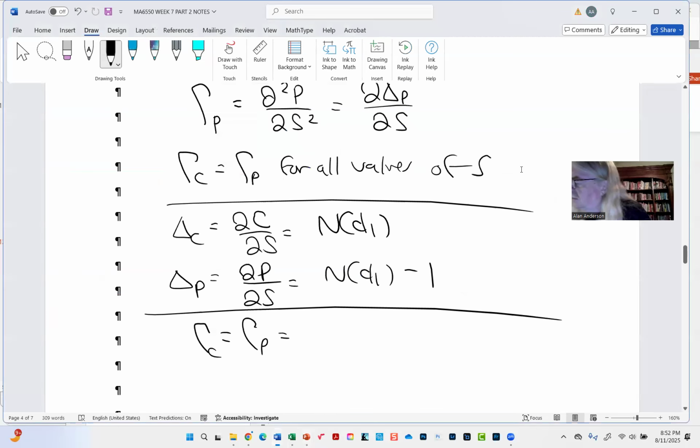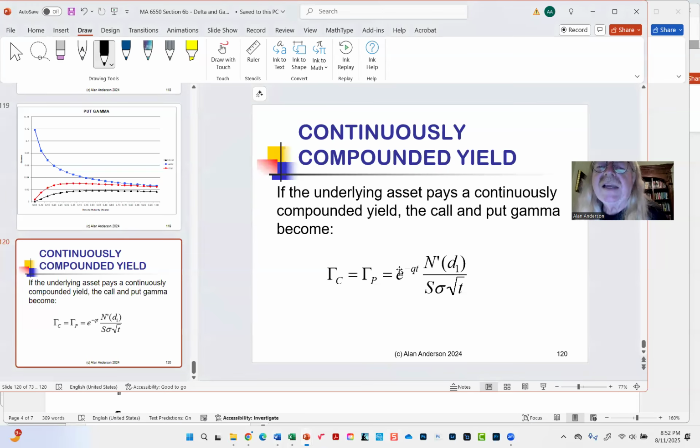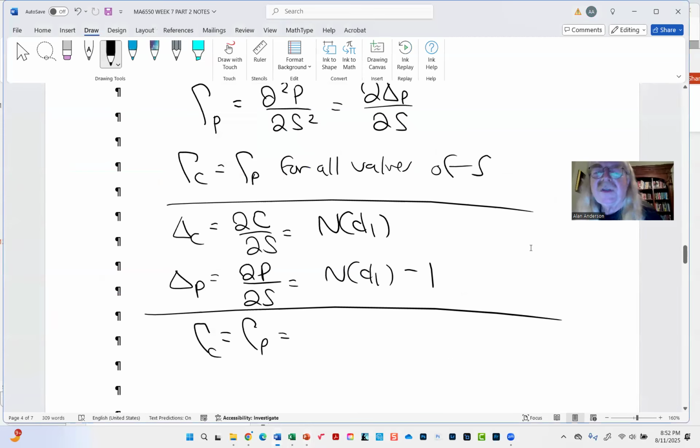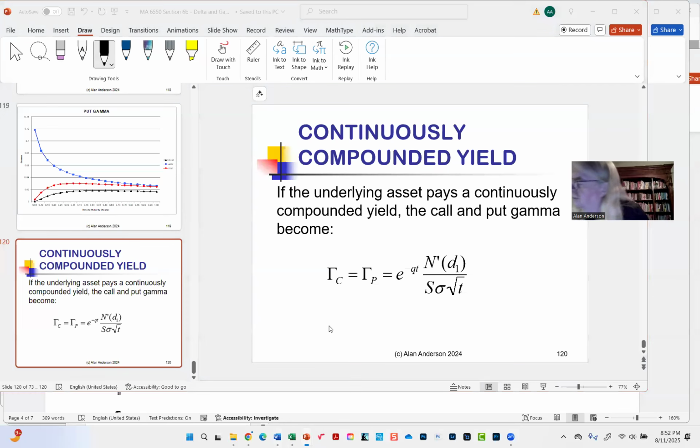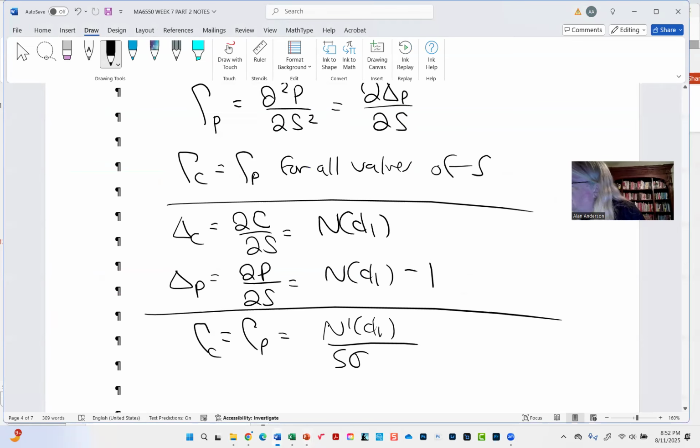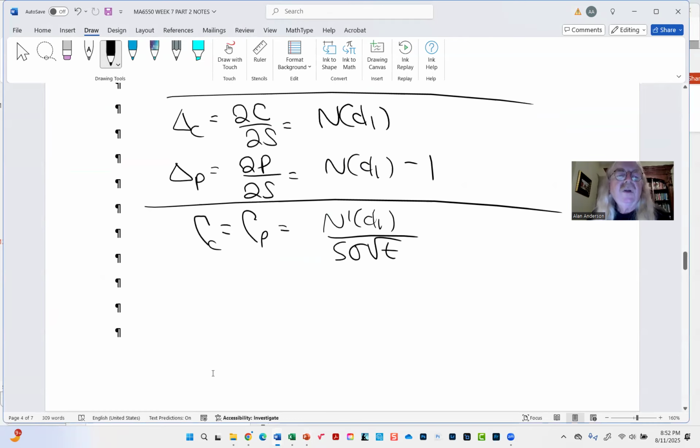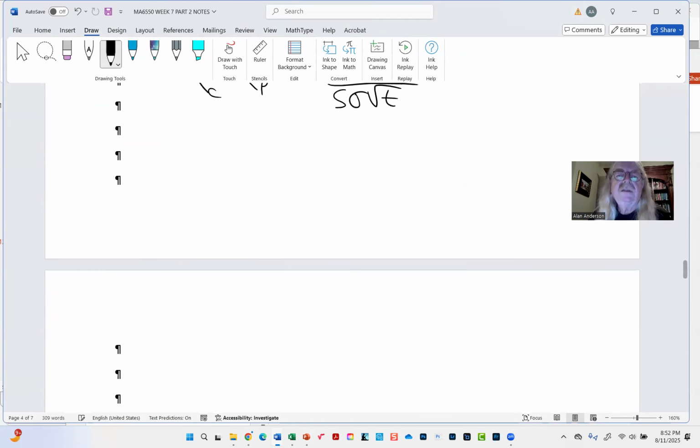Oh, and this one, yeah, this is assuming that we have this Q. If we don't have a Q, it'll just be N prime of D1 over S sigma square root of time. Now, what is that prime doing there?